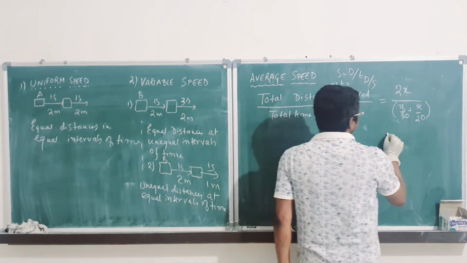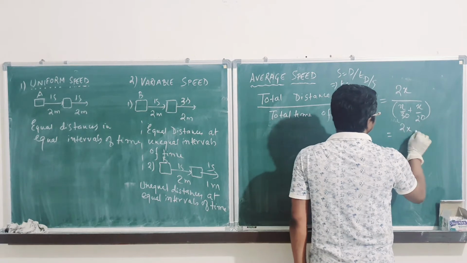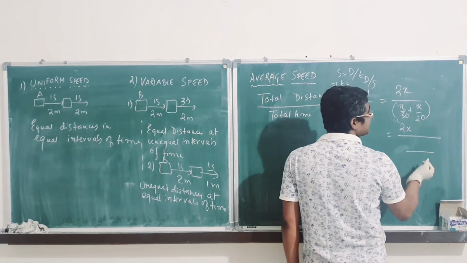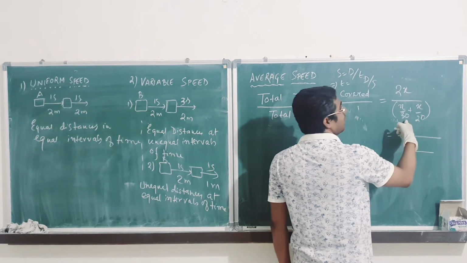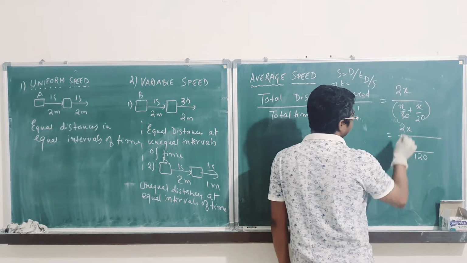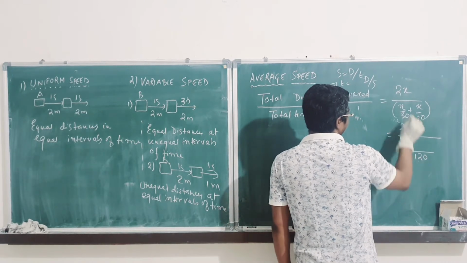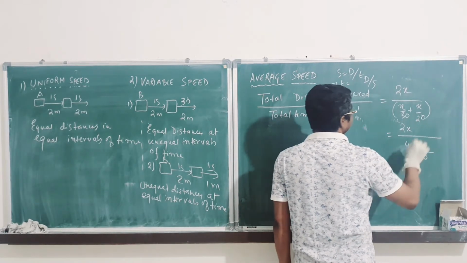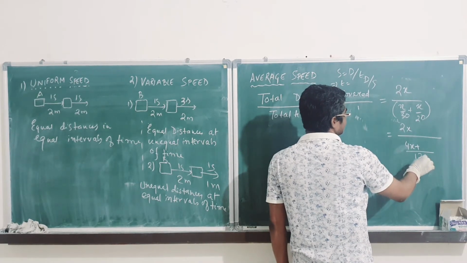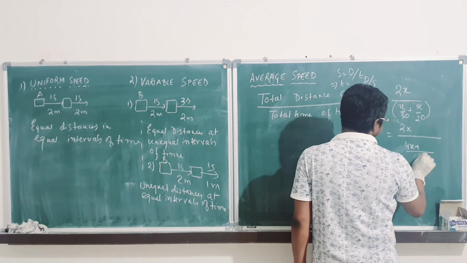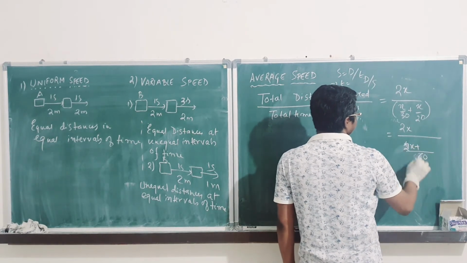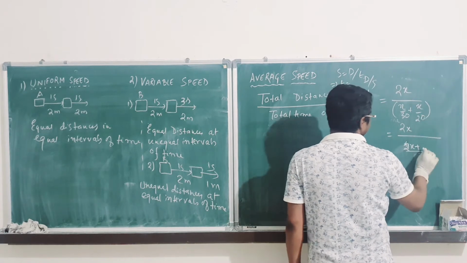So here it is 2x, and here I can do LCM, which will be 60. So x by 30 becomes 2x and x by 20 becomes 3x.